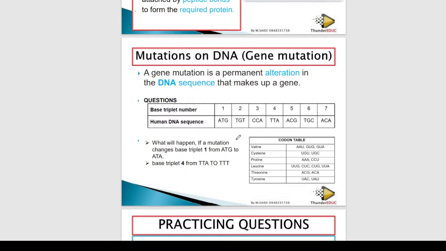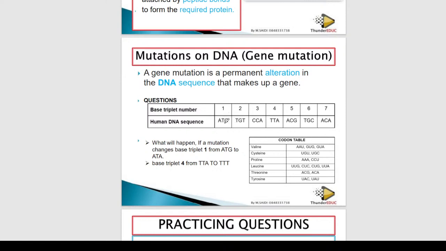What will happen if a mutation changes the base triplet 1, from ATG to ATA? So I need to know what this is. This is the codon. If this is the codon, I have to change this into codons.